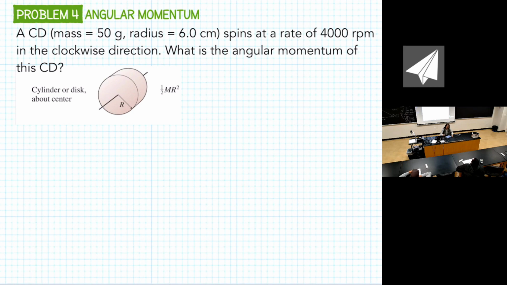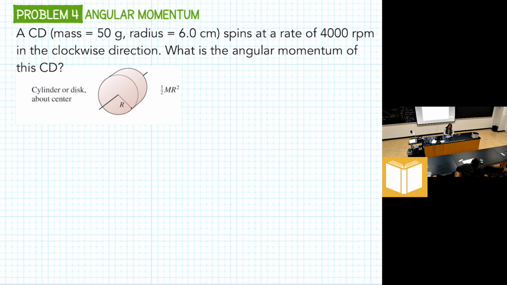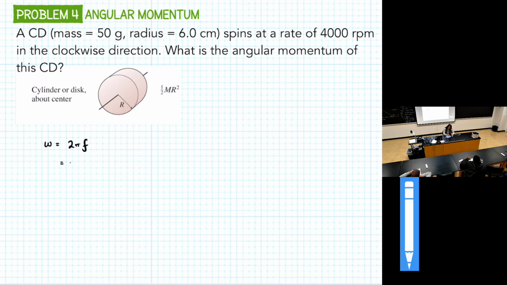So we'll start with our conversion. Remember, omega, which is our angular speed, is just 2 pi times our frequency, okay? So when we plug this in, this gives us 2 pi times 4,000 revolutions per minute.